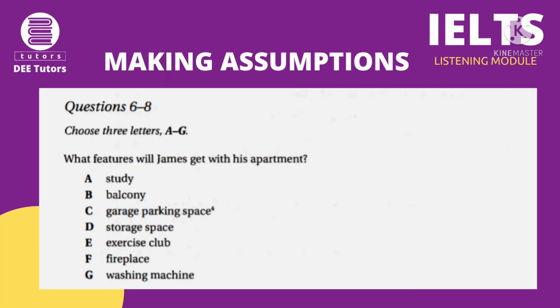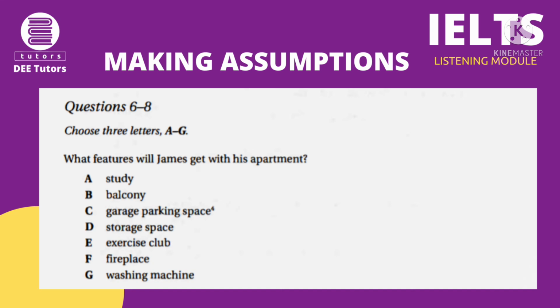I'll tell you what I do need, though, is a parking space. We have garage parking spaces available for a low monthly fee. Great. I really need that. Oh, and something else. I need an apartment with lots of closets for storage. We actually have storage areas in the basement. You can rent your own storage space by the month. That sounds like a good idea. All right. So I'll put you down for a storage space in the basement.